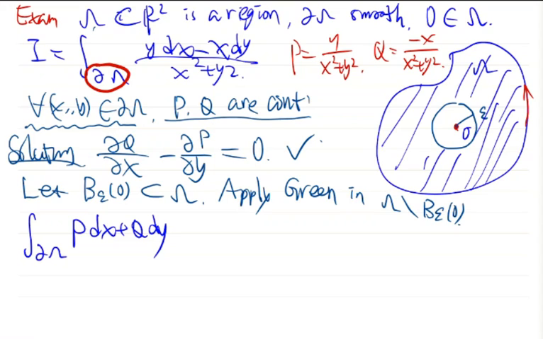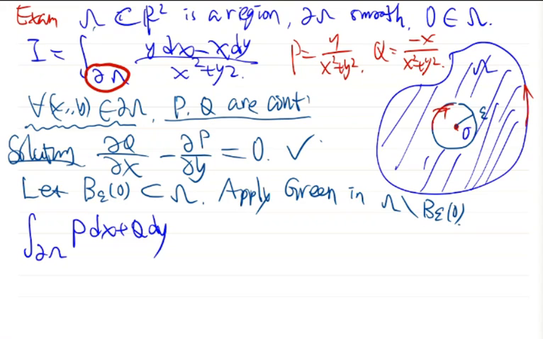The first part is the original boundary of omega, but since we removed a neighborhood of the origin, we obtain another boundary, that is the circle around the origin. The orientation of the circle must be clockwise, because it must be positively oriented with respect to omega.